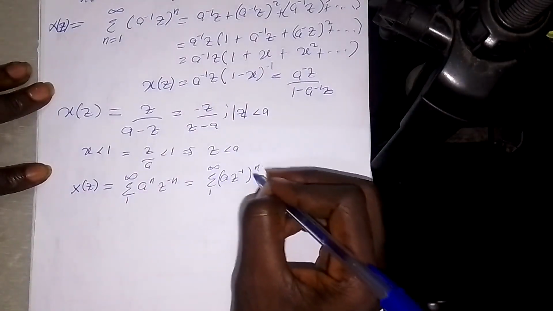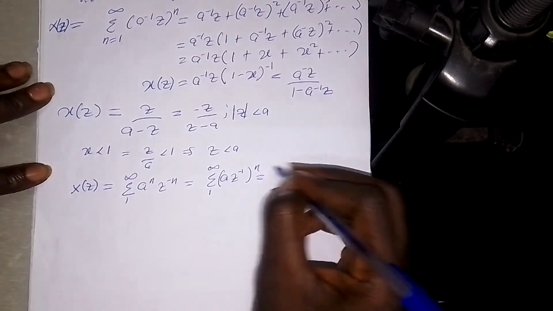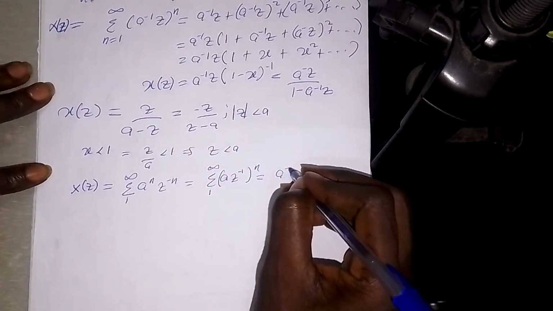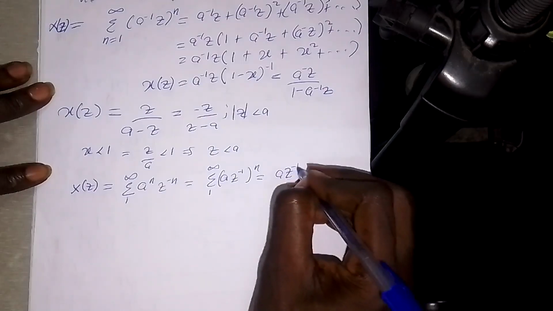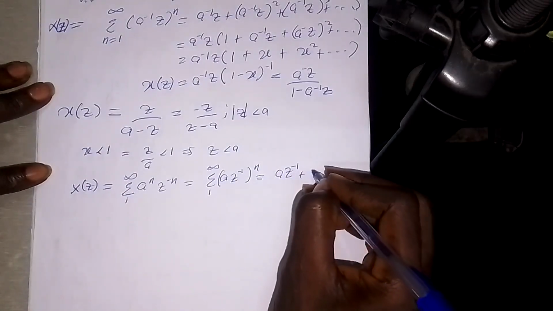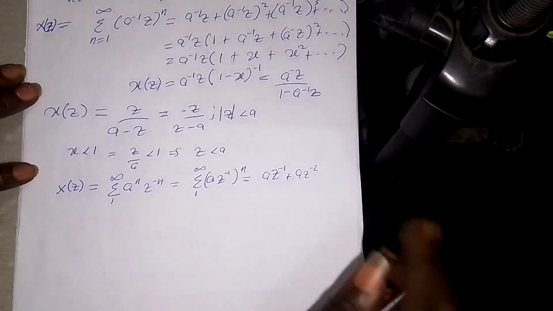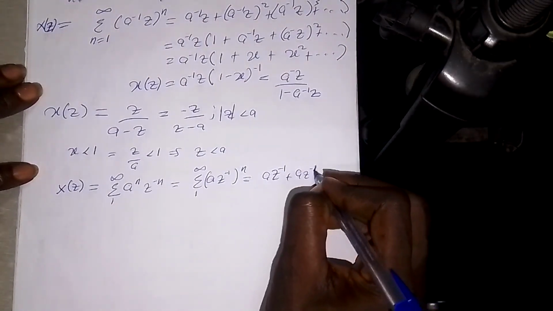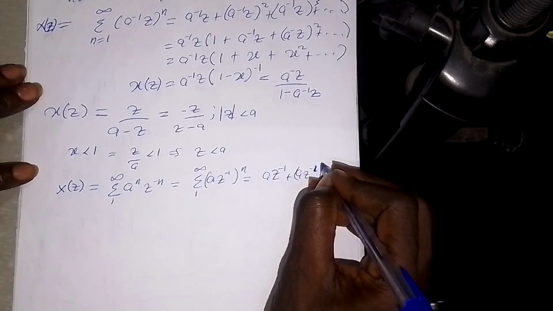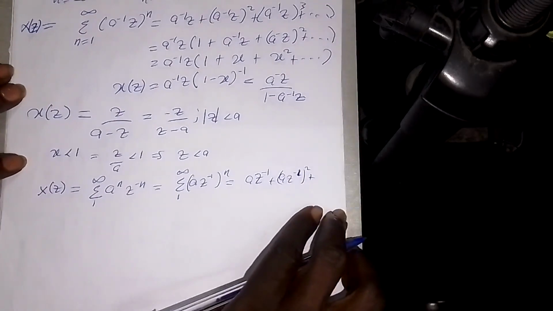Here, if n is 1, I'll get a into z^(-1). If n is 2, I'll get a into z^(-1) squared.